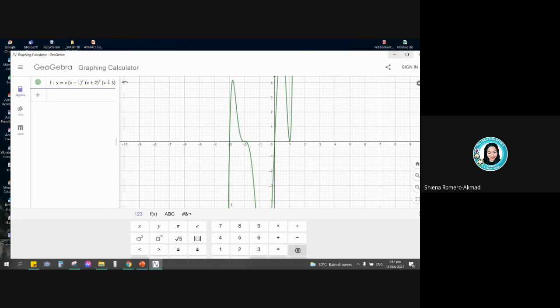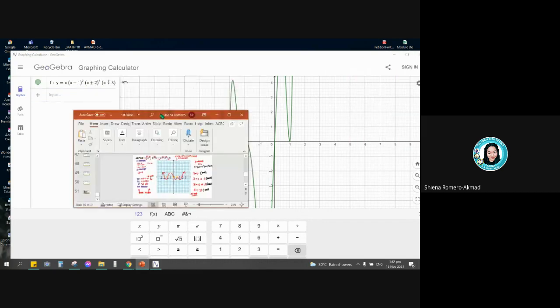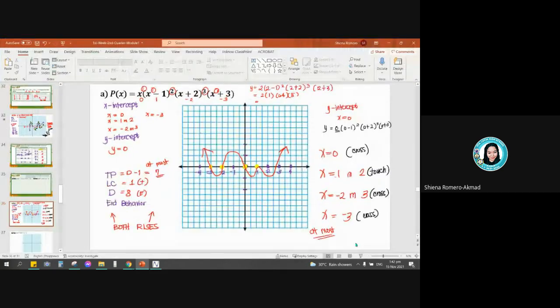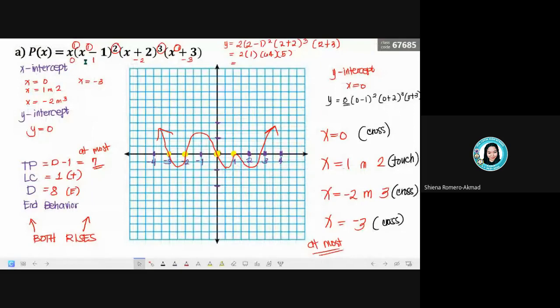Sorry for the word. Kaya pala, sabi ko, bakit hindi ko nakukuha? Kasi ang bilang natin sa degree ay 8. So, it should be 7. Ang tanga. So, kung 7 yan, kaya pala sabi ko, bakit parang may mali ako? So, it should be 7. So, that is 7.